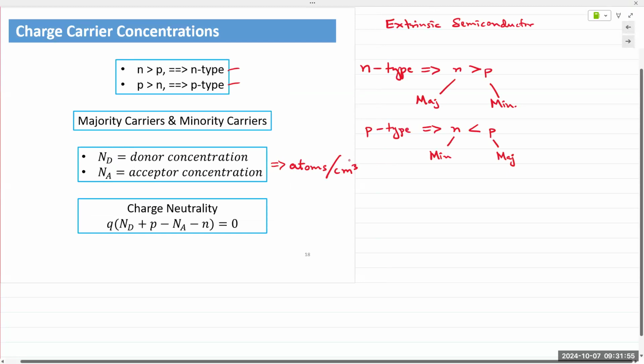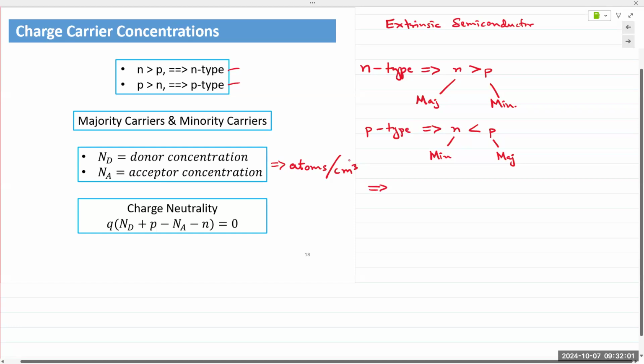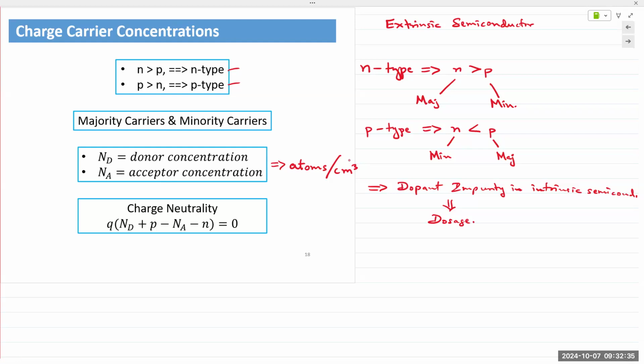So the process of introducing these extrinsic semiconductor atoms, dopant impurity, in intrinsic semiconductor can be either ion implantation or diffusion.